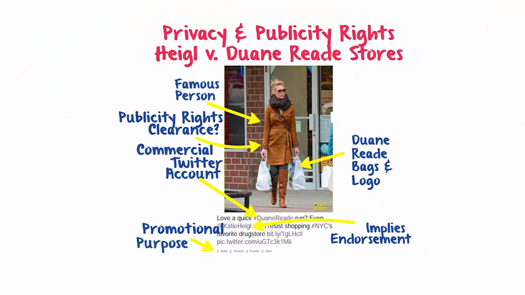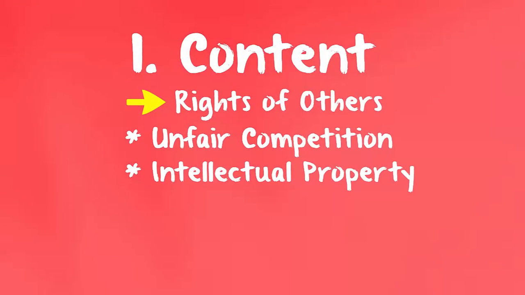And we provided a discussion of an example there of an unfair competition type of risk, with this case involving a lawsuit by Katherine Heigl against the Duane Reade Drug Store based on a claim of false endorsement. That was an example that we talked about.